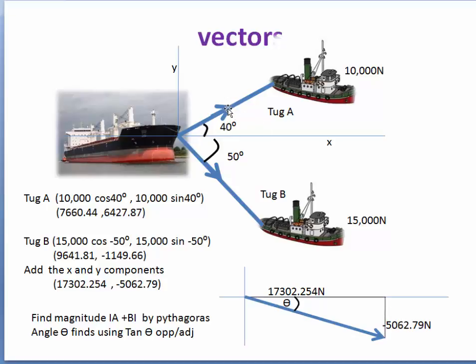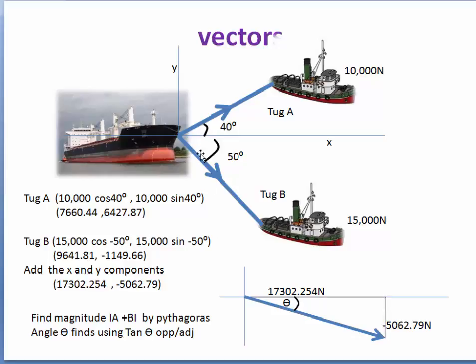Okay, so now we have to split these vectors into x and y components. So the x component of tug A is going to be 10,000 cos 40. The y component, which is this vertical component, is going to be 10,000 sine 40 degrees. So we'll work that out here. For tug B, which is this one, it's going to be 15,000 cos minus 50.